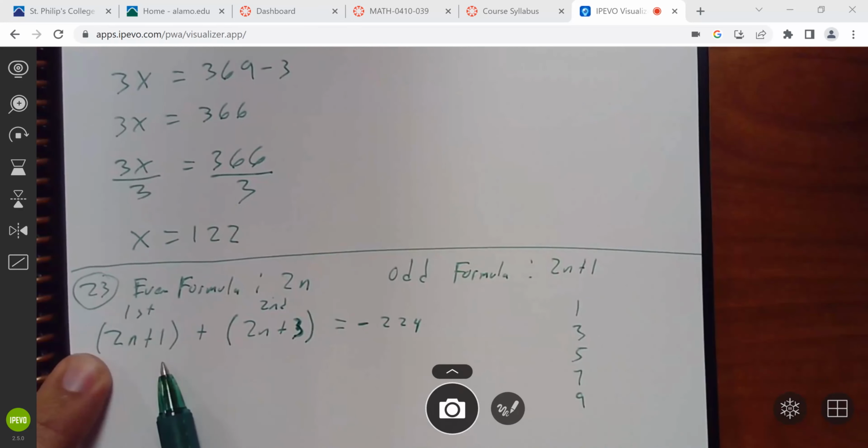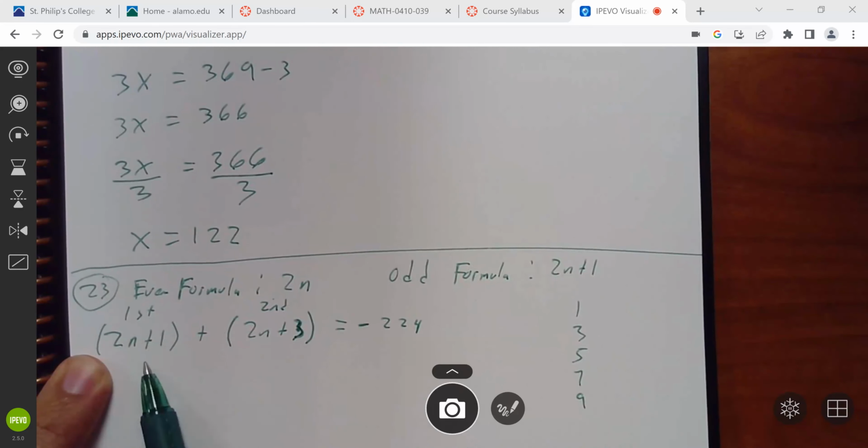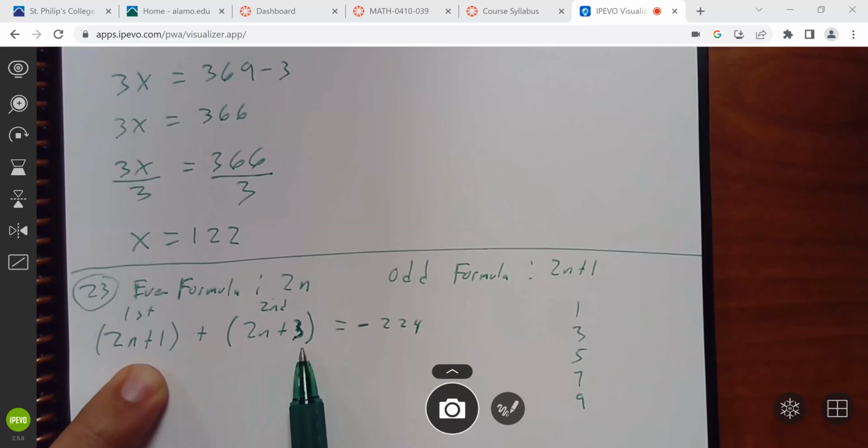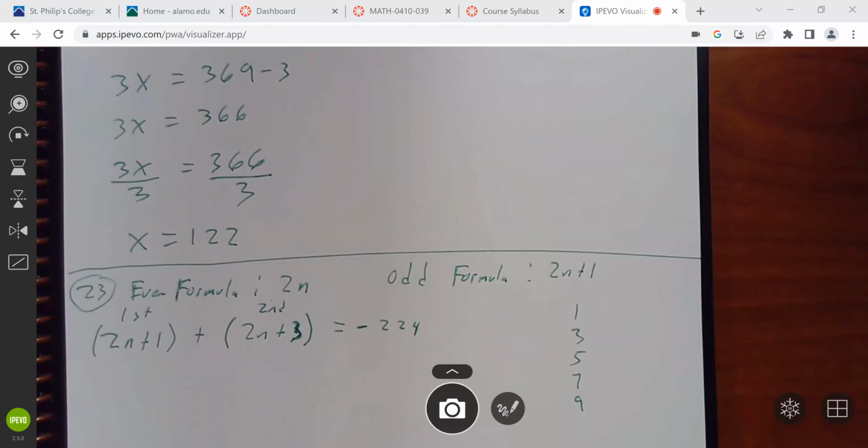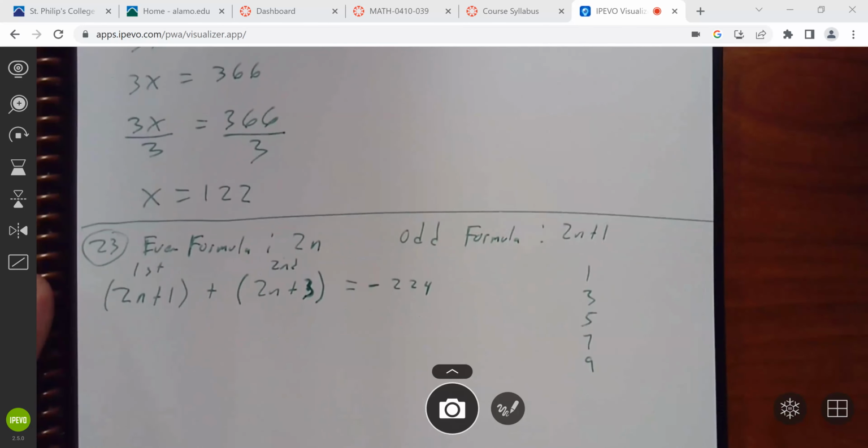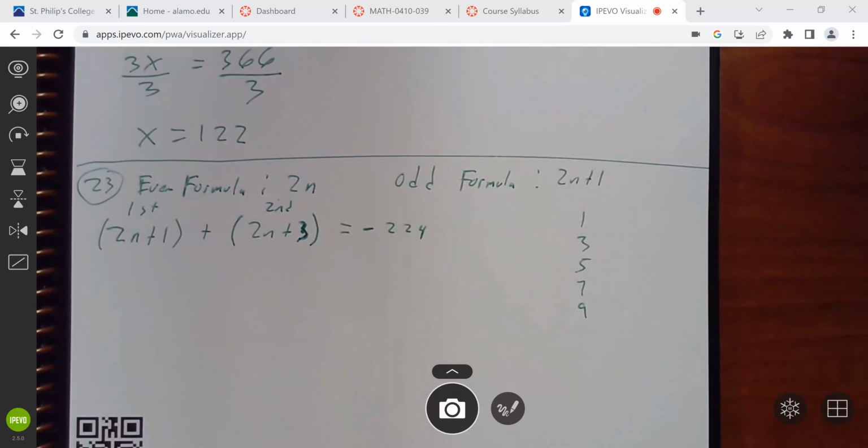So I chose some odd number. This represents odd. The next one would be 2 more. That makes sense. That's kind of like a puzzle. So the setup is the hardest part. The algebra is whatever at this point.